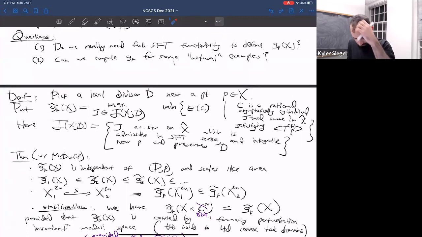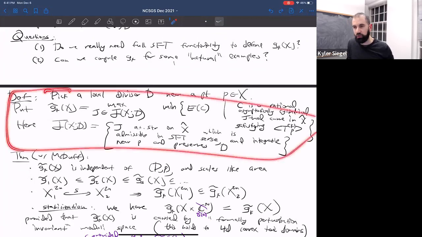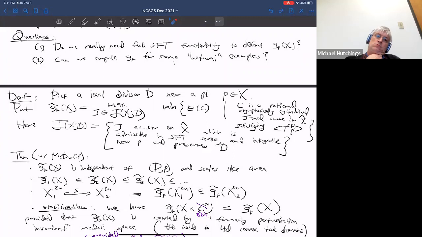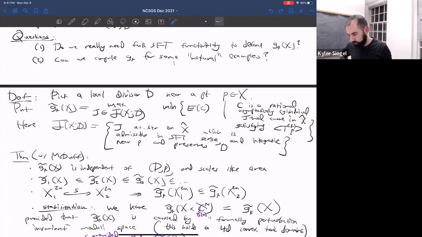If you tried to adapt this definition, one naive thing you could do is replace this local tangency constraint with just k different generic point constraints. If you do that, I'm pretty sure that the capacity you get is exactly the same as this one.